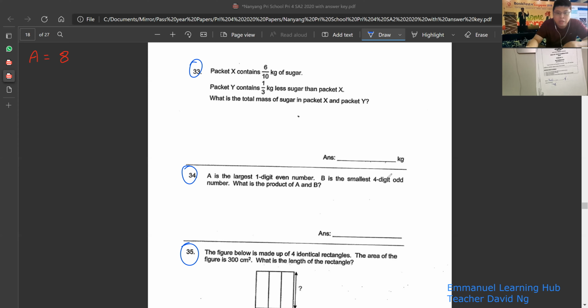B is the smallest four-digit odd number. So what is the smallest four-digit odd number? You know what's odd number, right? So what is the smallest four-digit odd number?